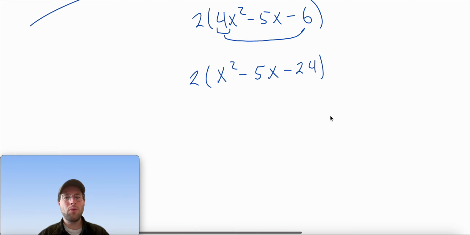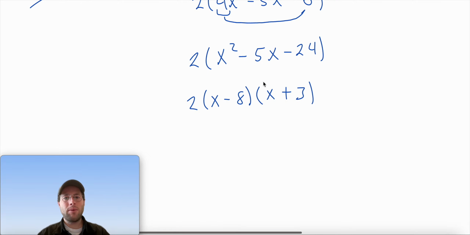And now at this point we want to factor as we normally would. So this will be 2 times, factor this normally, we'll have x minus 8 and x plus 3. Because negative 8 times 3 gives us that negative 24, and negative 8 plus 3 gives us that negative 5 right there.